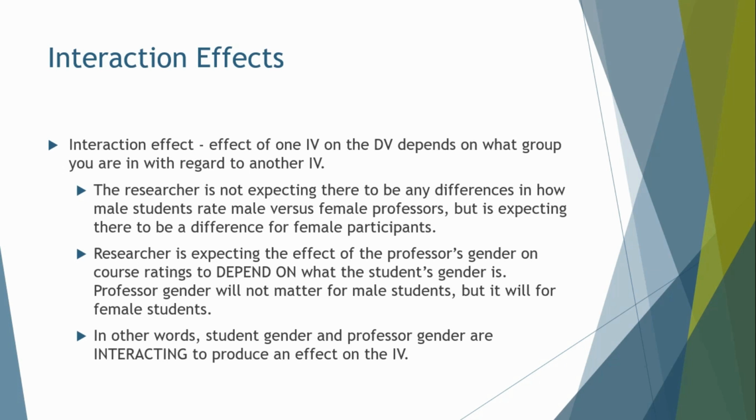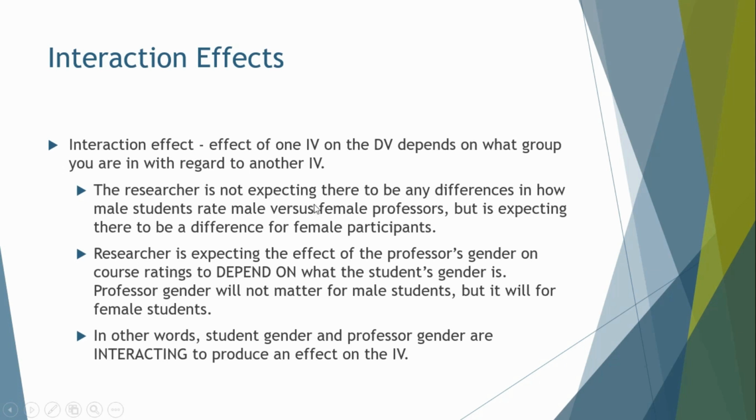So we are actually kind of expecting an interaction effect in this example because the researcher is expecting that the effect of the professor's gender on the course ratings will depend on the student's gender, okay?